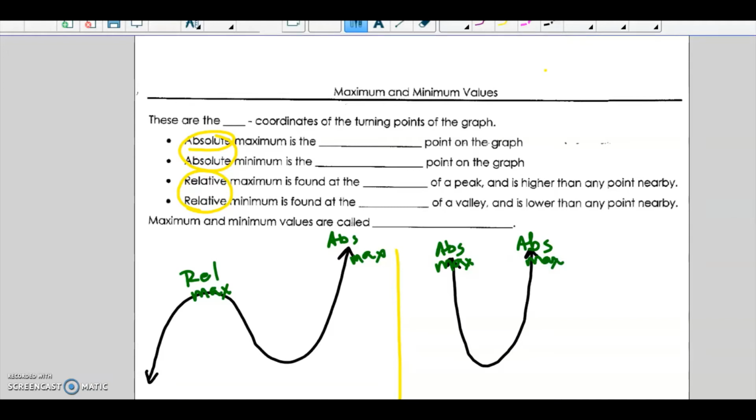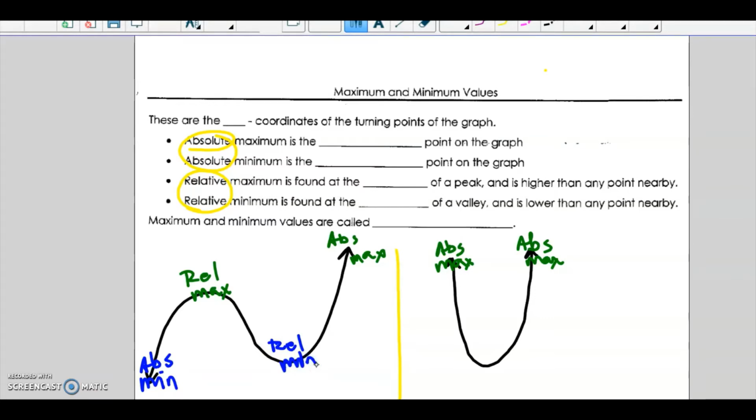To flip that around, we have low points or lowest points on the graph. So over here on the left, we have what's called an absolute minimum, because nothing goes lower than an arrow that's going down. But we do have a low point of the graph, so this is called a relative minimum.